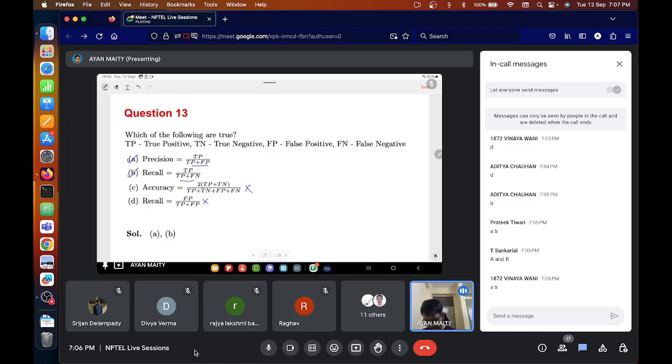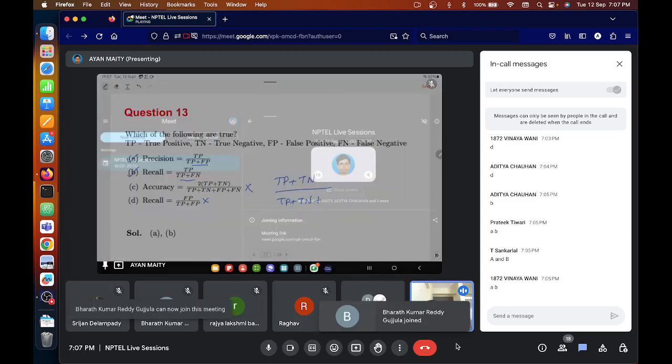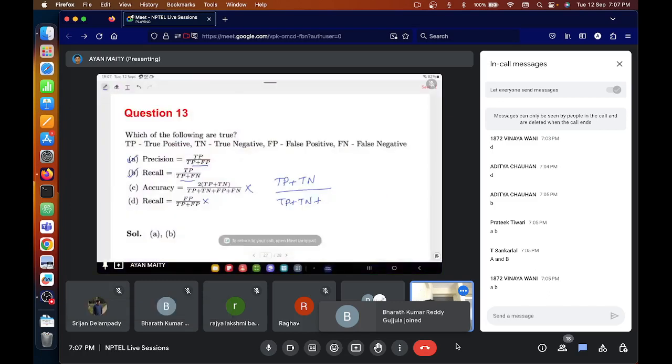So accuracy would be TP plus TN divided by all the values, TP plus TN plus FN plus FP.